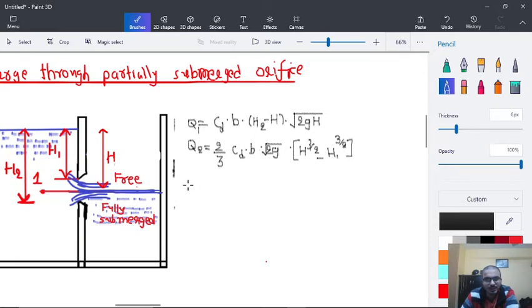So here the final answer will be Q is equal to Q1 plus Q2.